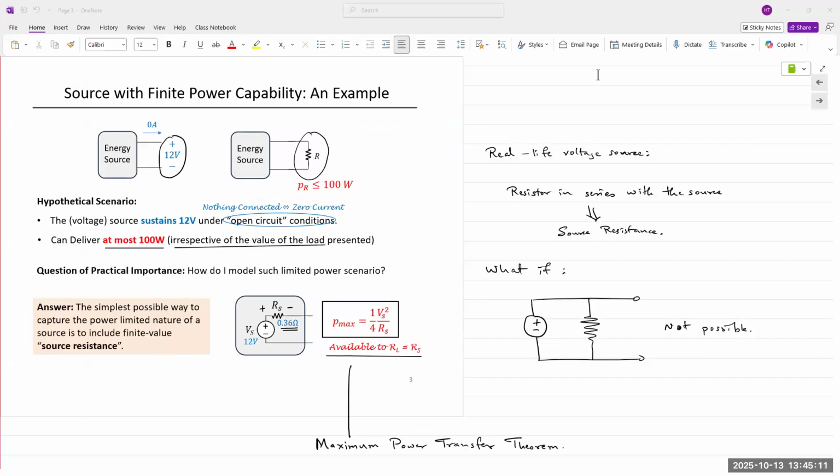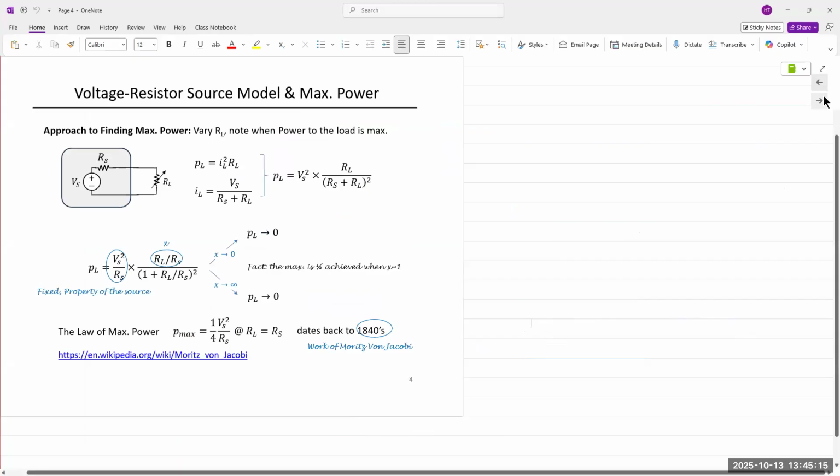So we had talked about current sources, voltage sources, and then the maximum power transfer theorem, finding max power.